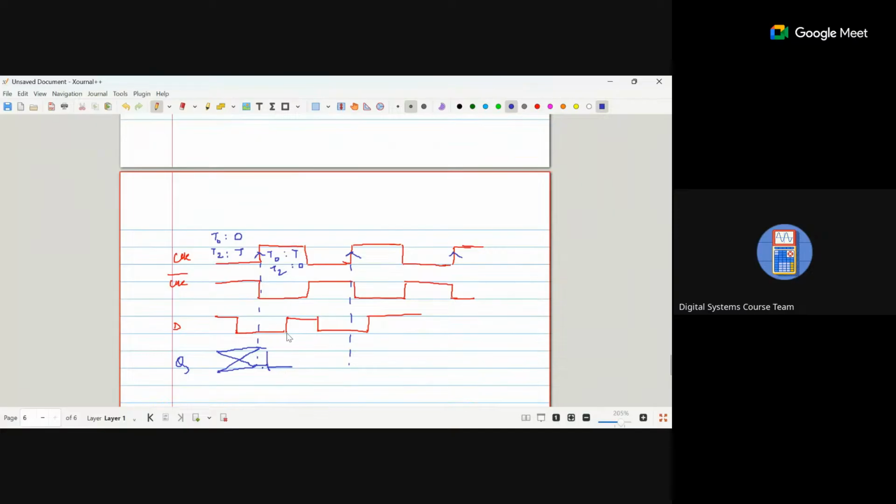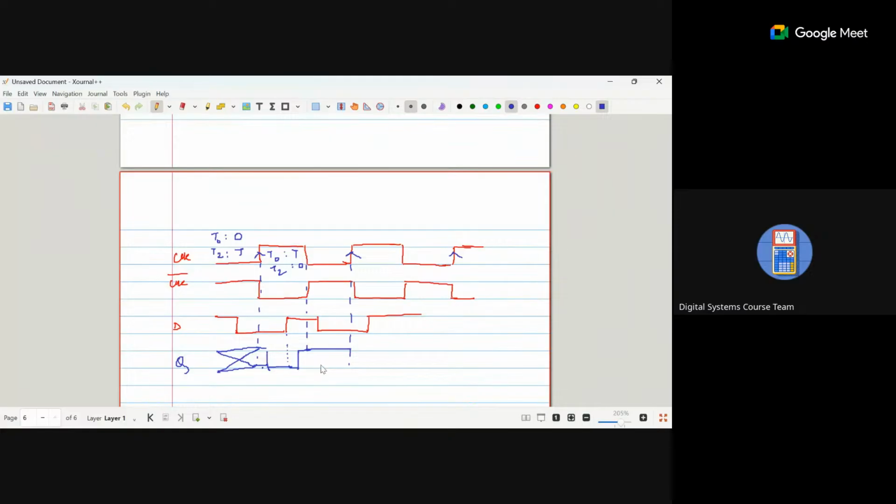Now, if you see at this point, here it should come, right? But after some delay, it will go here. Okay. And then it will go to the negative side. And negative side, what happens? Nothing will happen. It will just remain whatever was there in the previous thing. So that will remain till the next positive level.